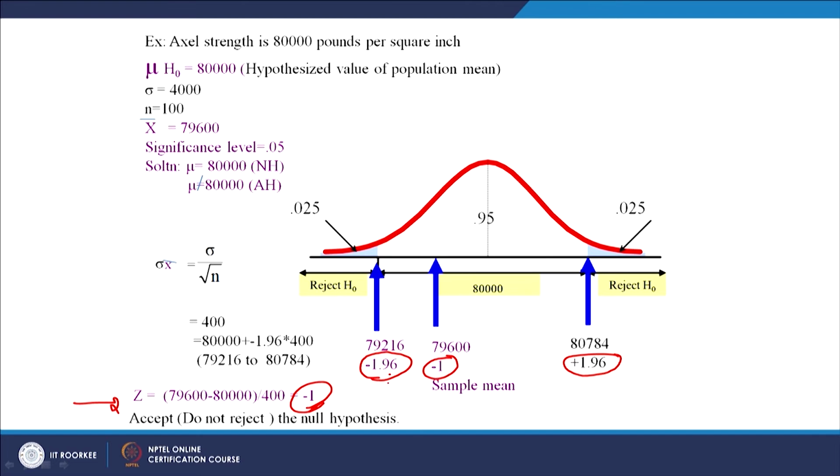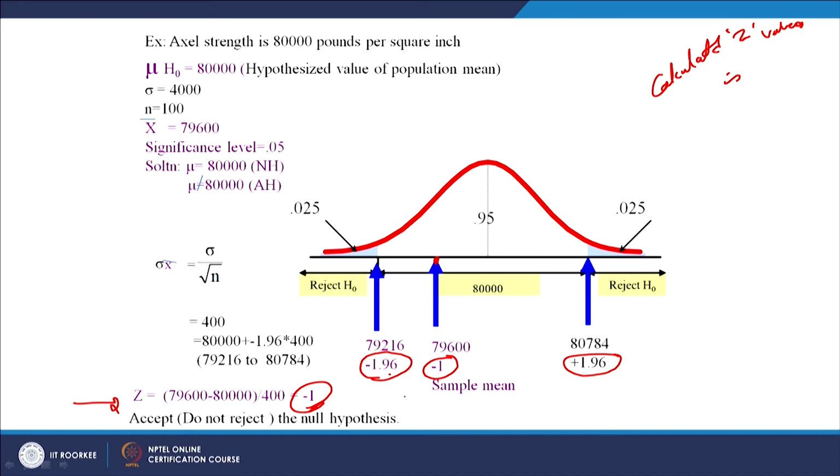In other words, the calculated z value is in between the table values, or critical values. So, this is in the non-rejection region. So, we will not reject the null hypothesis.